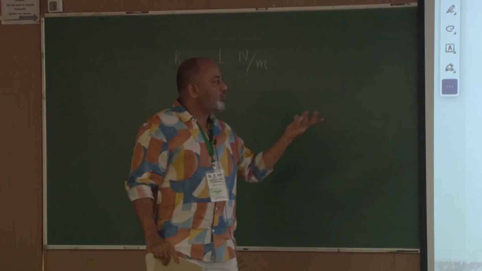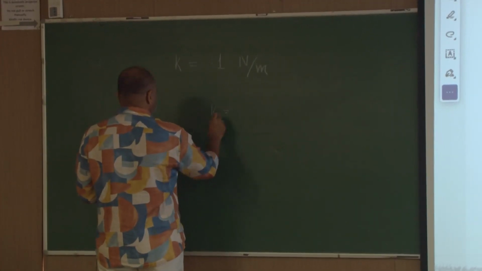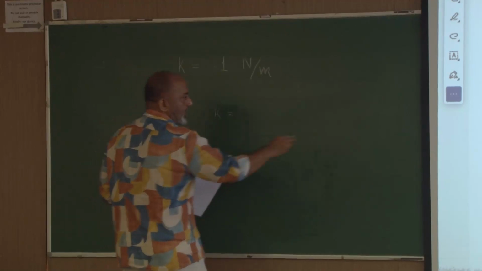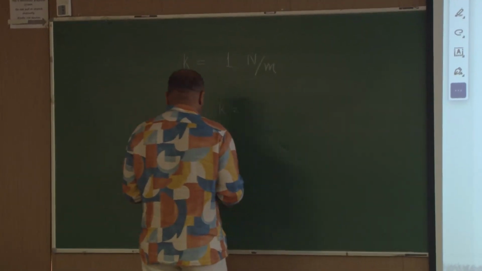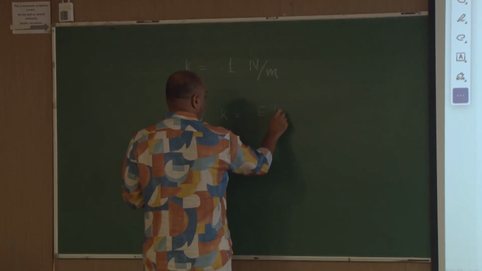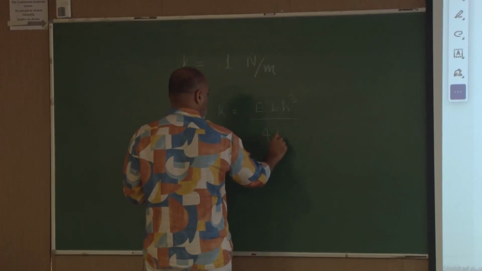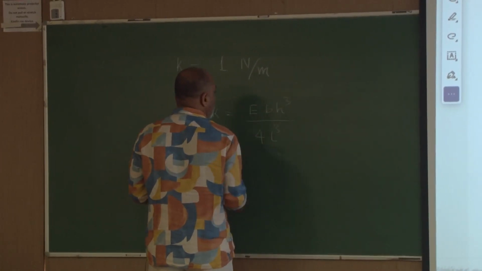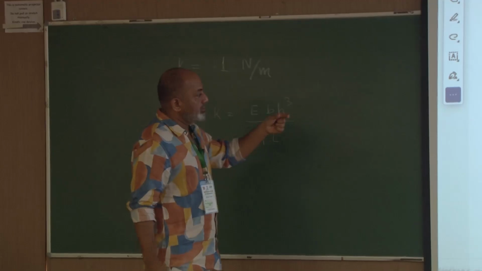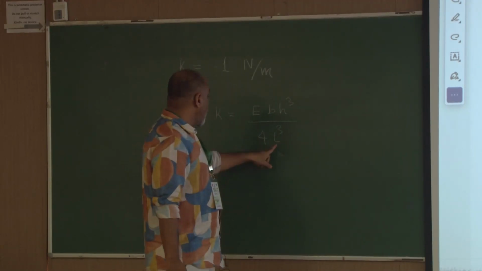And how do I go about doing this? So for a cantilever, which is this object with some length, thickness and breadth, the formula comes from, I will also explain where it comes from. So b is the breadth of this thing, h is the thickness of the cantilever and L is its length.